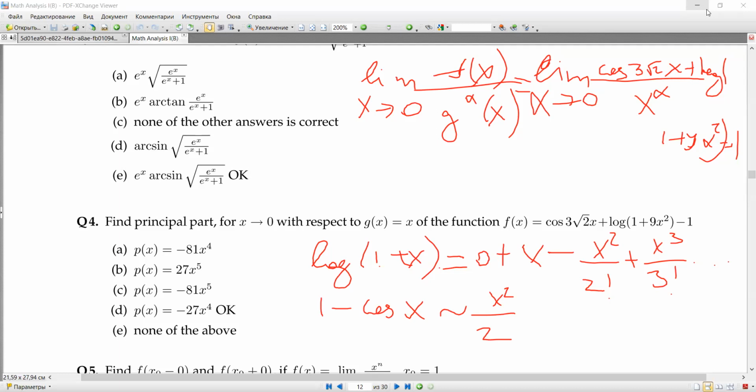You understand me? So that's why we can change our previous expression to, look, 1 minus cosine x, minus 1 minus cosine of 3 square root of 2 x. Can you write it this way?